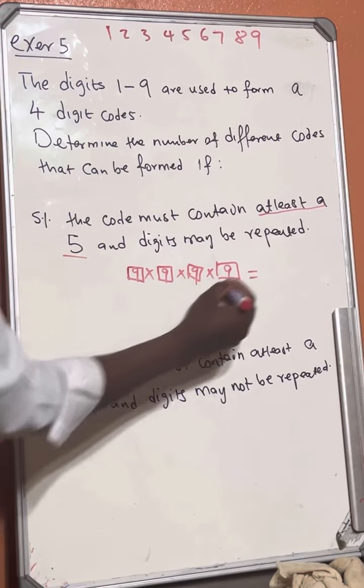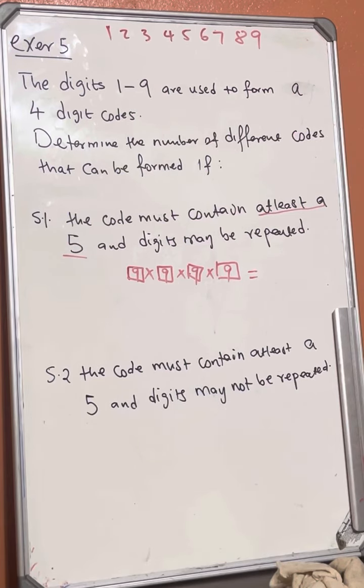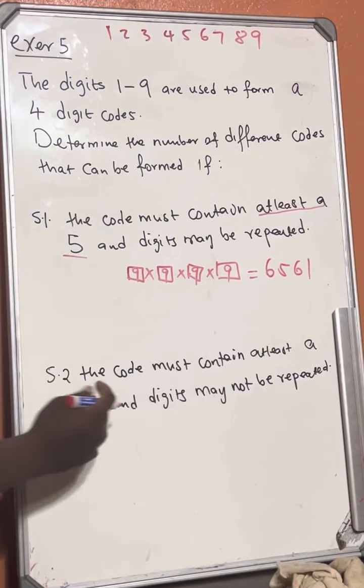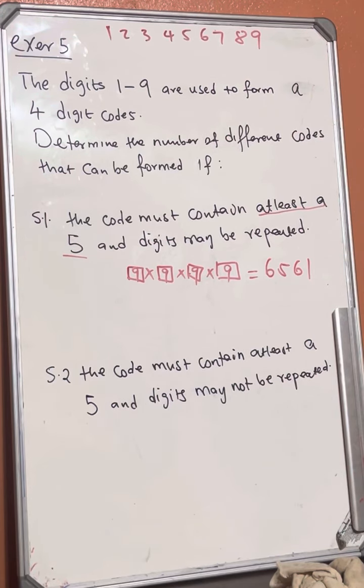In this case, we take our calculators and calculate the sample: 9 by 9 by 9 by 9. So what is the answer? If you can check, this is 6561. This is all possible ways of getting different 4-digit codes, if digits may be repeated.